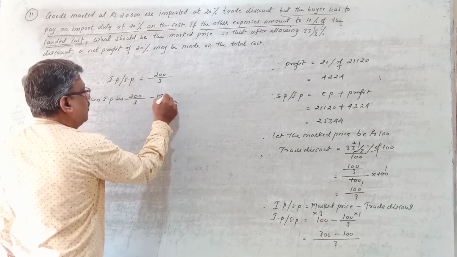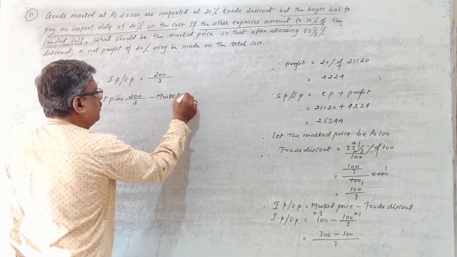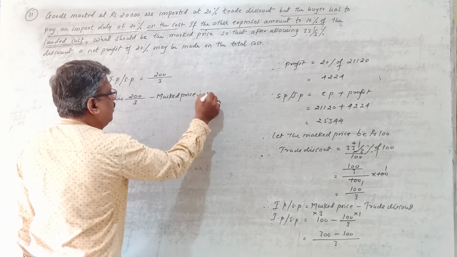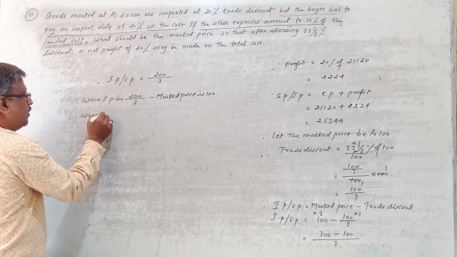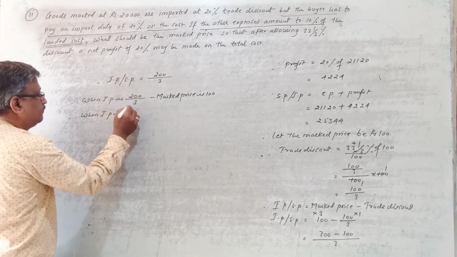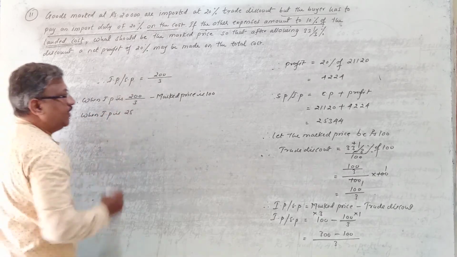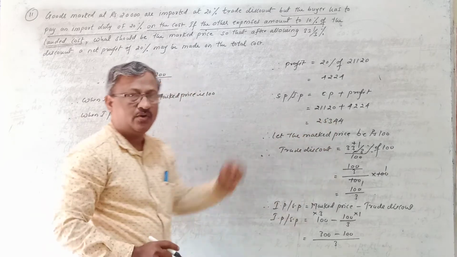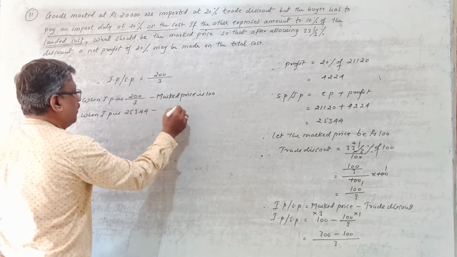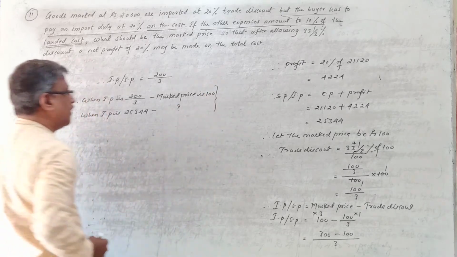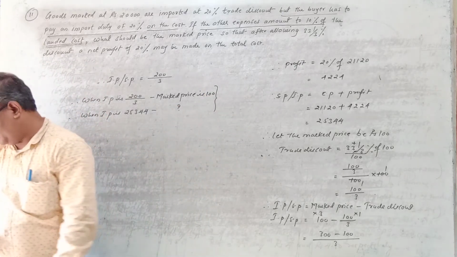So mark price is 100. What I want is, when actual invoice price is rupees 25,344, what should be the mark price.